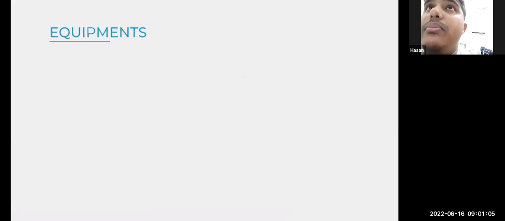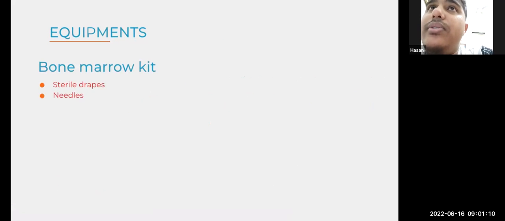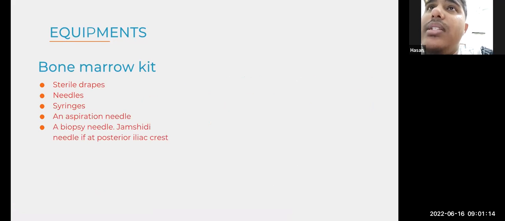Okay, so for the equipment, we need the bone marrow kit, which includes sterile drapes, needles, syringes, an aspiration needle, and a biopsy needle, usually the Jamshidi needle, if it is located at the posterior iliac crest. This is the normal area that bone marrow aspiration is taken from.